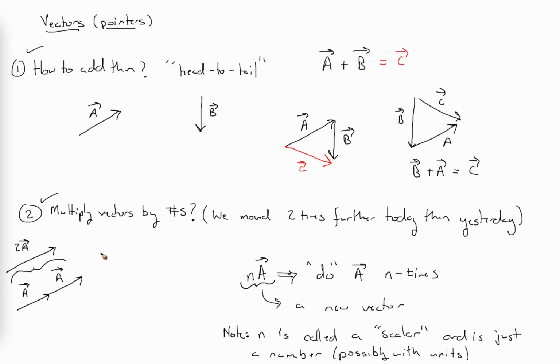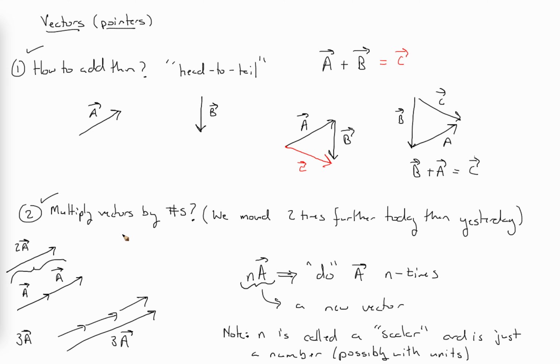So our rule is that if we take a vector and multiply it by a number, then all we're doing is asking us to do that vector that many times, or to add that vector to itself that many times. So we can imagine, what is the vector 3a? Well, the vector 3a is just going to be doing a 3 times. 1, 2, 3.